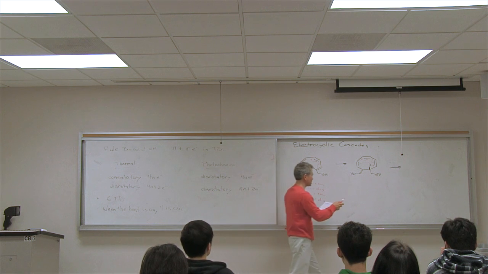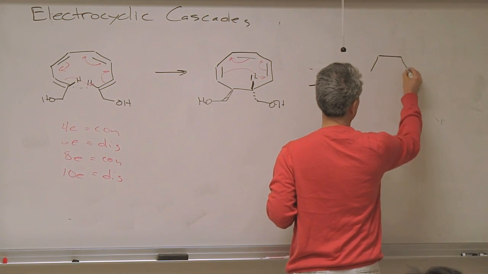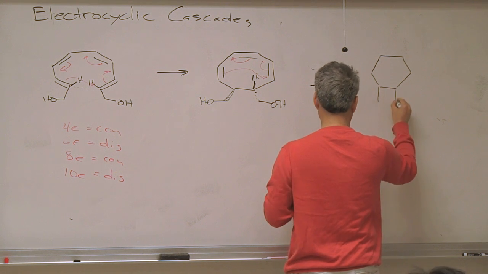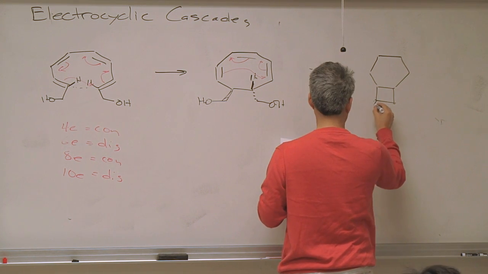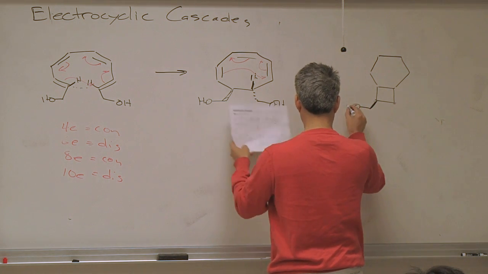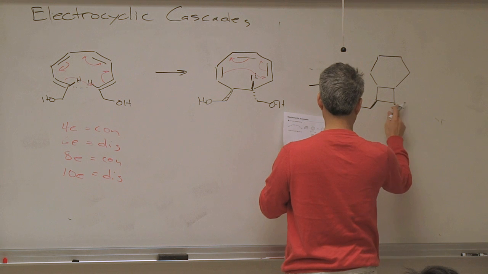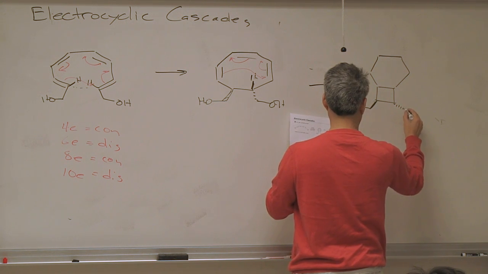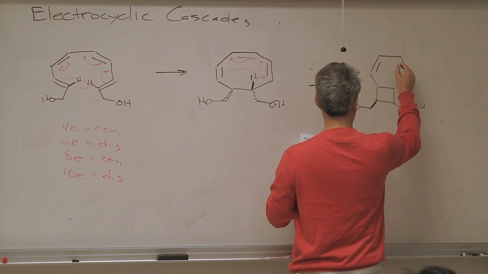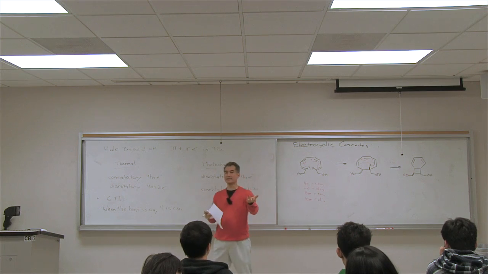And yeah, it also generates a strained ring, but it's okay. And I hope I get this right because I reversed the stereochemistry from what I originally drew here. Okay, so 6 electrons, disrotatory.